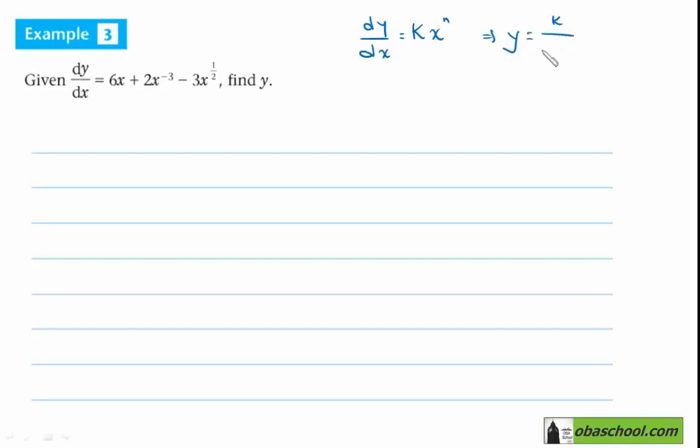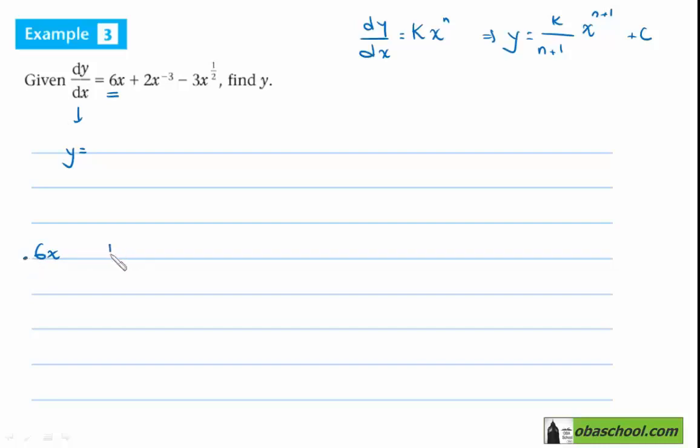Therefore, we are going to use that formula, k multiplied by x to the power n. Therefore, now we can say y equals the integration of dy by dx. But how are we going to do all the terms? Let's do the integration for each term separately.